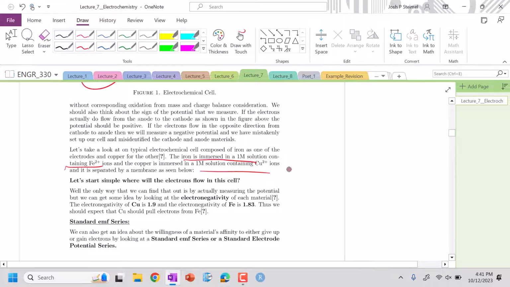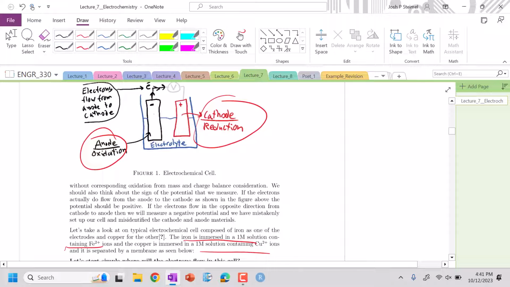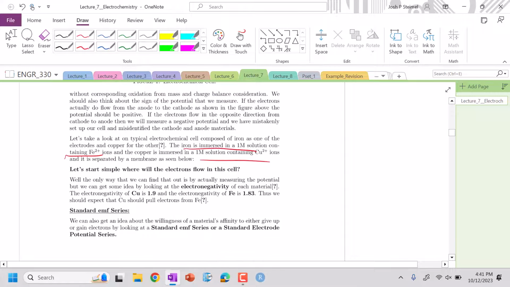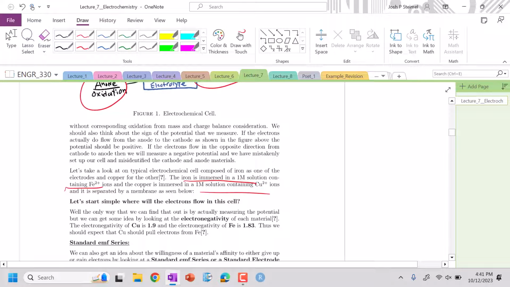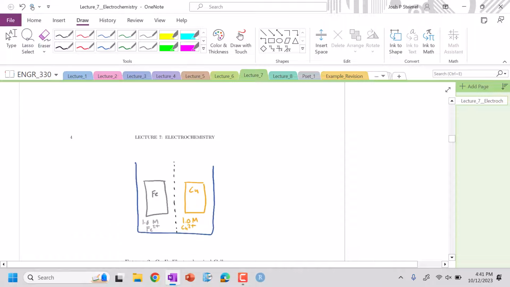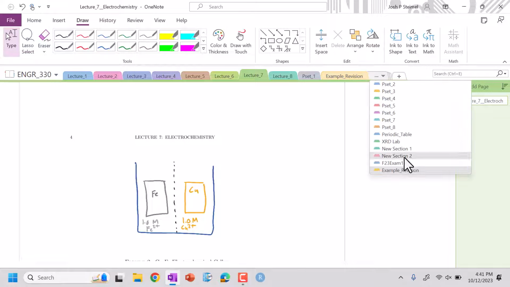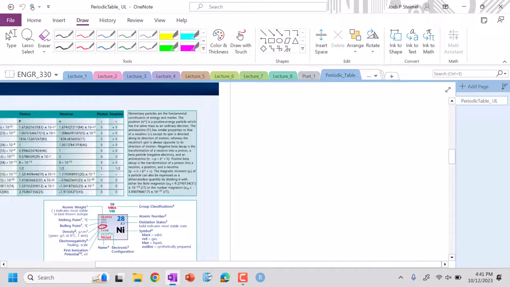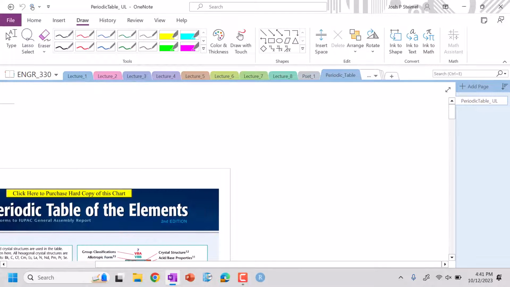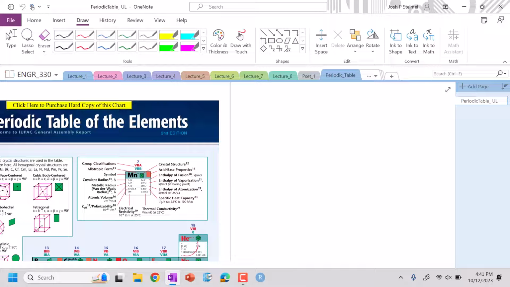So, for example, if we have copper here and iron here, that will be our materials, and they'll be in basically a solution containing their own ions. So where will the electrons flow if we set up a system like this, copper and iron? Well, here's where we are going to have to go back to our periodic table and look at our electronegativity, just to get a sense. Because again, the material that wants to grab the electrons will be the more electronegative.